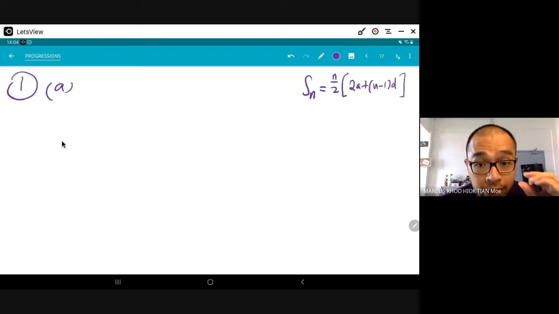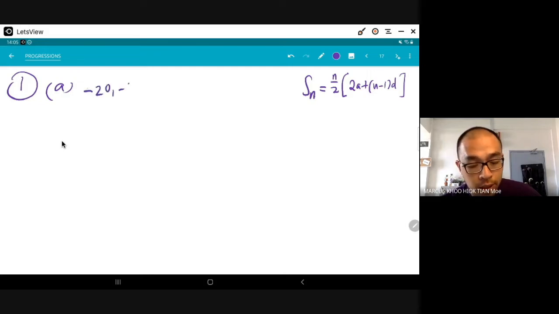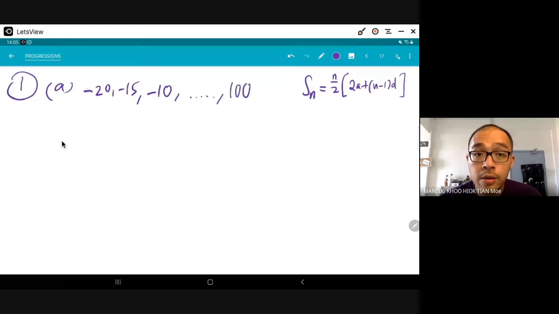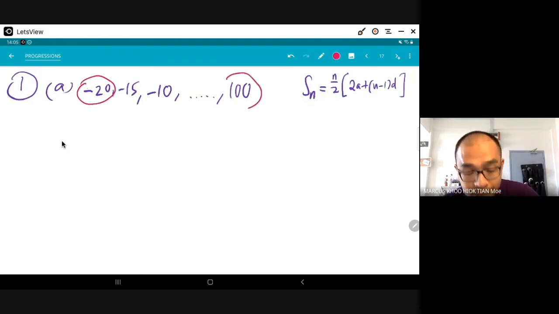This is the standard formula. But if the question gives you negative 20, negative 15, negative 10, and so on, up to 100, where you know the first term and the last term.